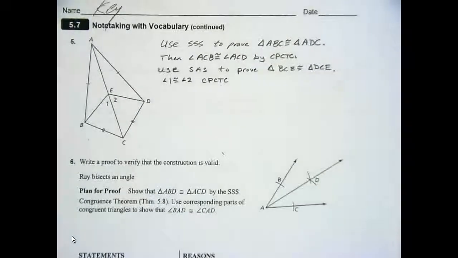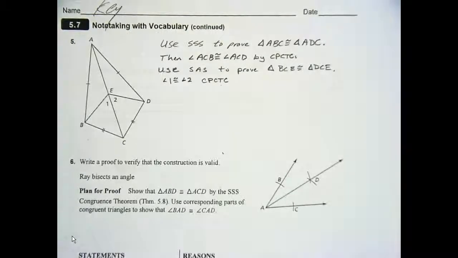Okay, so those of you who want to see those, there's number 5. You use side, side, side to prove ABC congruent to ADC. And then you could say angle ACB is congruent to angle ACD by CPCTC.